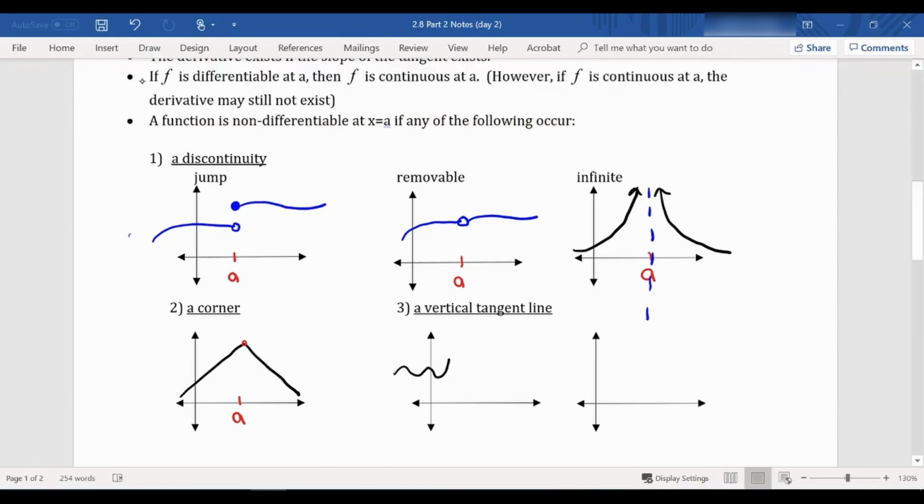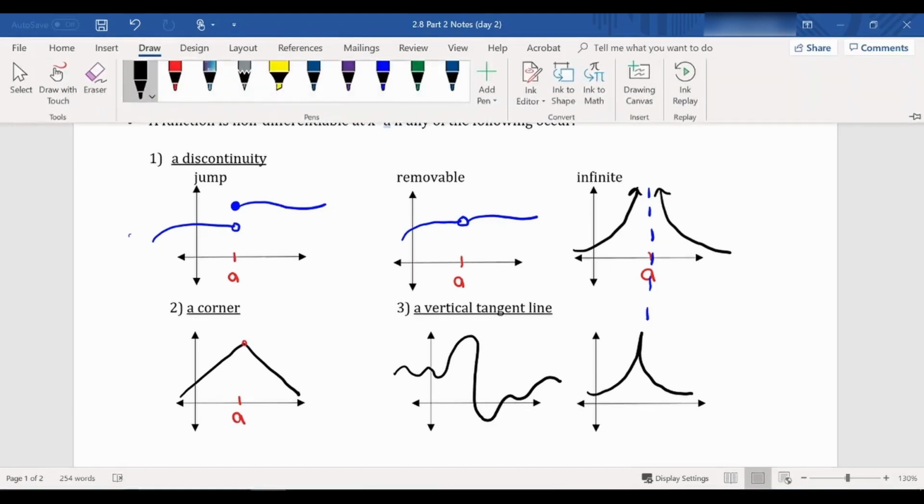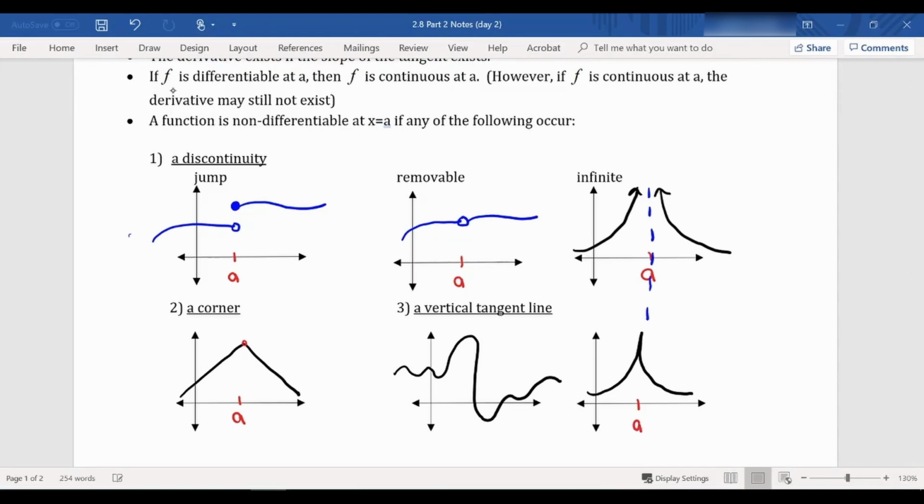So this would be something like this, or something like this. Sometimes this second version of vertical tangent line is a little bit difficult to tell the difference between this and a corner, so there's a little bit of leniency between labeling those two.